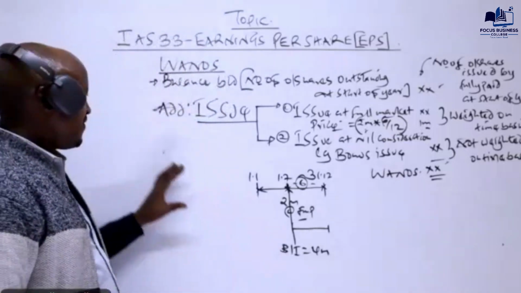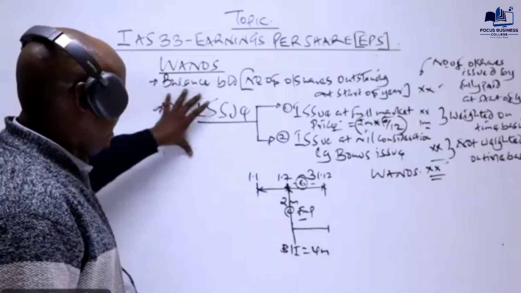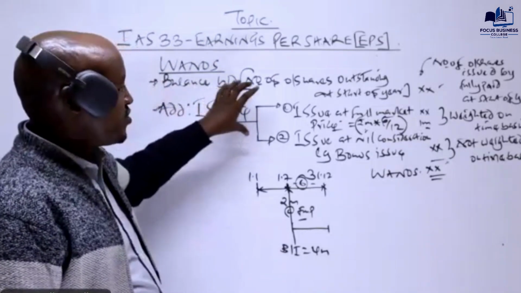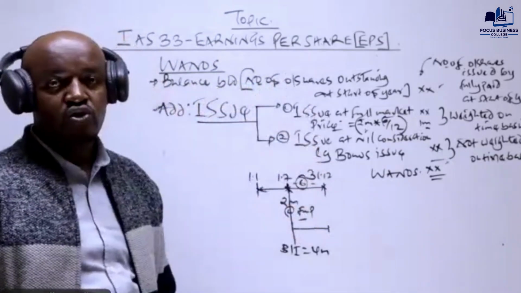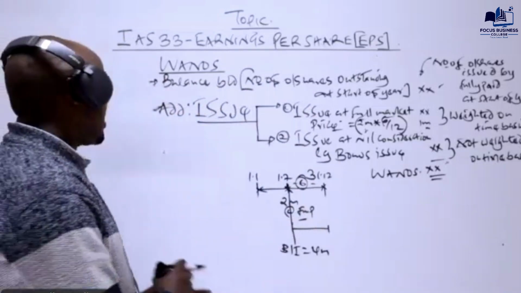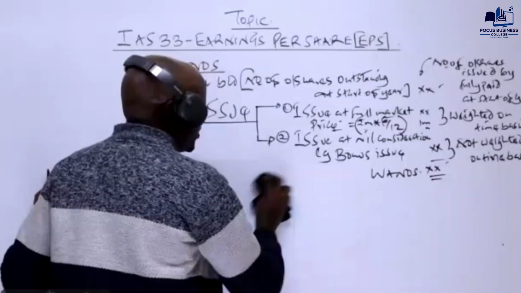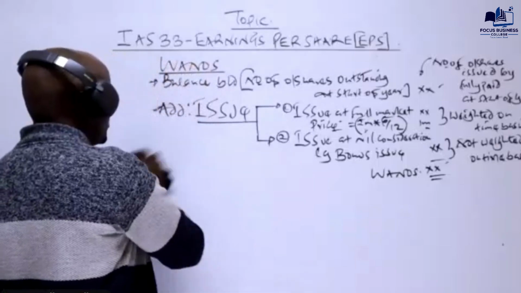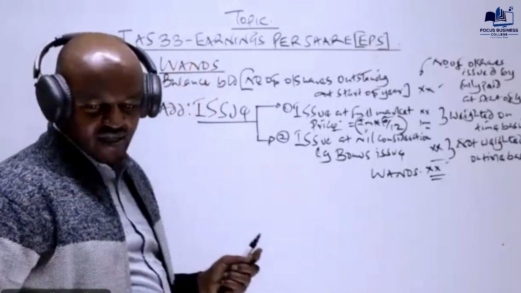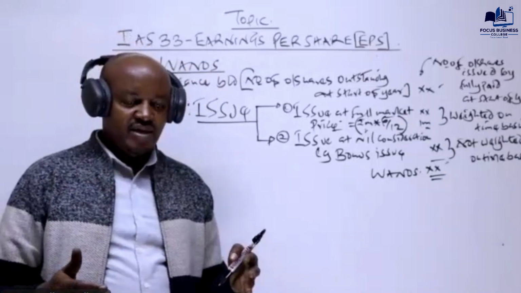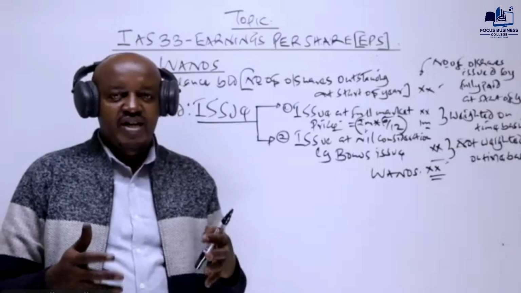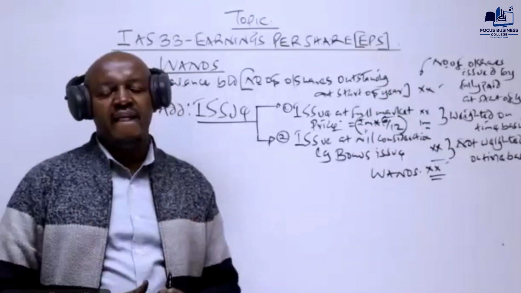So those shares which are issued by the company during the current financial year, we classify them into two main categories: shares issued at full market price, and shares issued at nil consideration. But in this case, I want us to look specifically at how we treat the shares which are issued by the company during the current year.